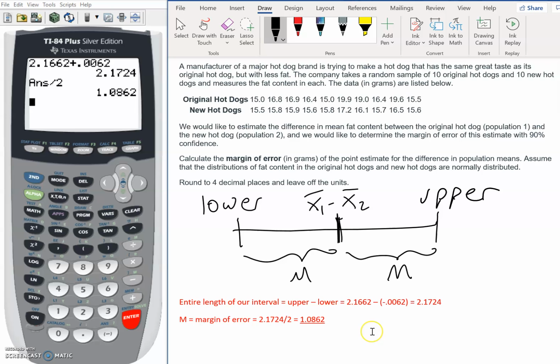The other part of this is that this value does have units. So I usually ask you to leave those units off in the quizzes, but it's worth noting our point estimate is a difference of mean grams of fat, and our margin of error is also going to be measured in grams. So technically this is 1.0862 grams.